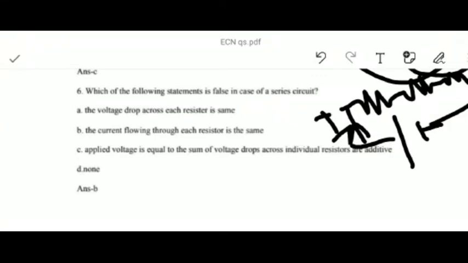We discussed previously that in a series circuit the current through each resistor is same, but the voltage across each is different. So option A will be the correct answer.